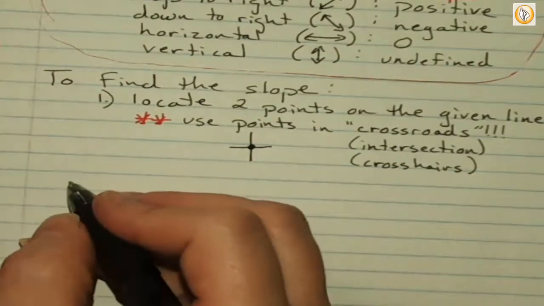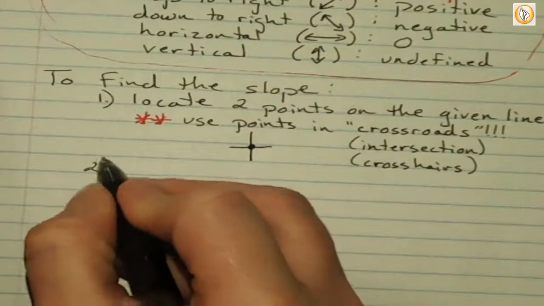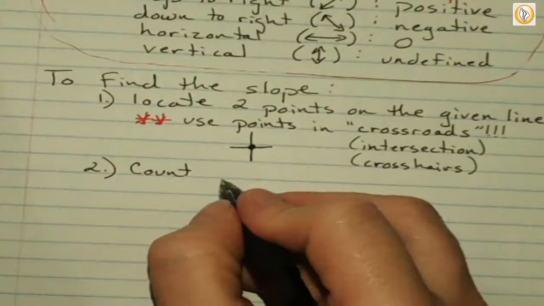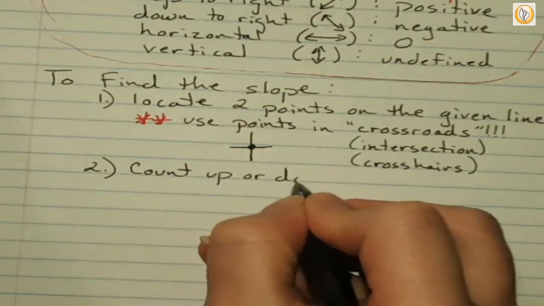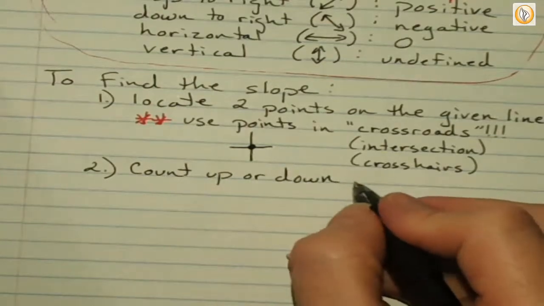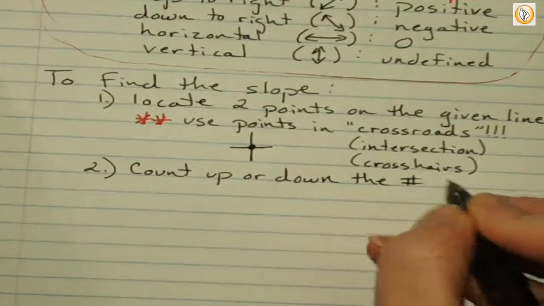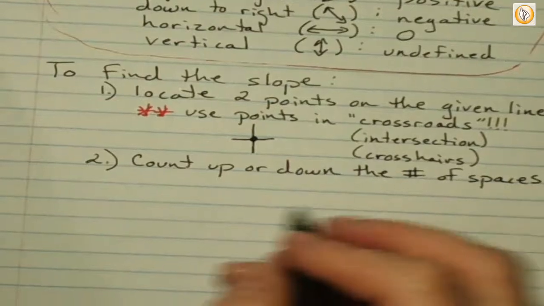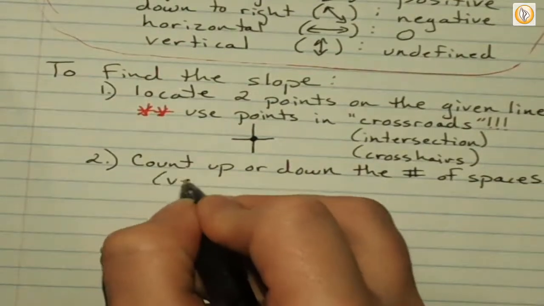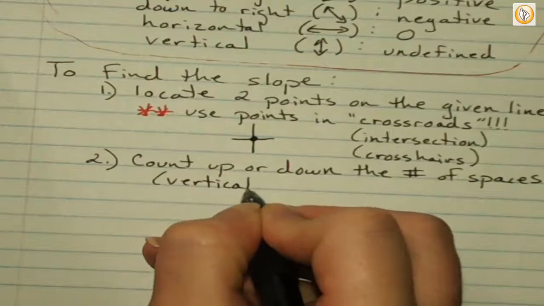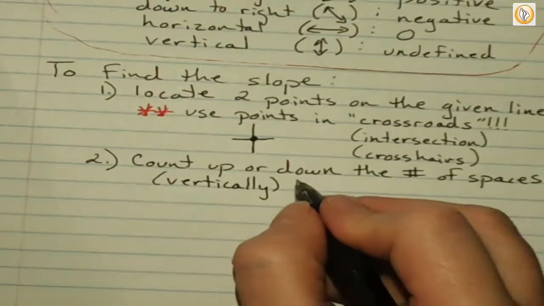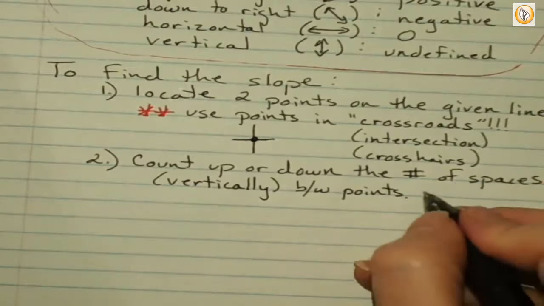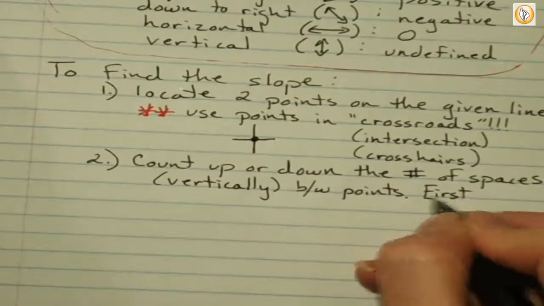All right, step 2. Count up or down the number of spaces vertically between points first.